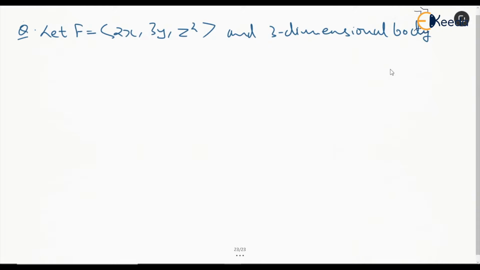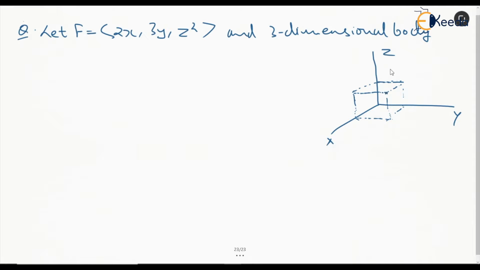is given as, you can just draw it instead of writing what it is. It is a cube. So it is a cube, x, y, z.